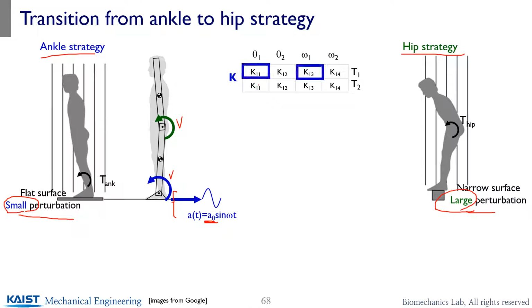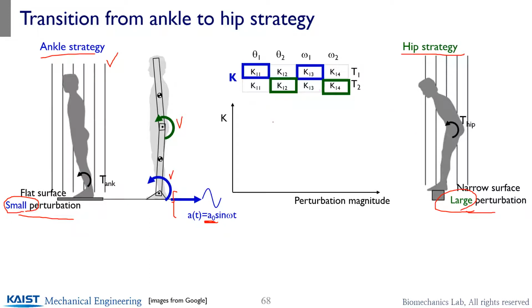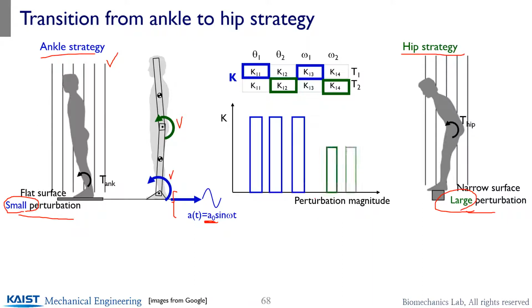Maybe there is a gain that more represents ankle strategy behavior, and a gain that more likely represents hip strategy behavior. And also, as a function of perturbation magnitude, if there is a discrete switch from the ankle to the hip, there should be some region where ankle-dominant gains govern as a function of perturbation.